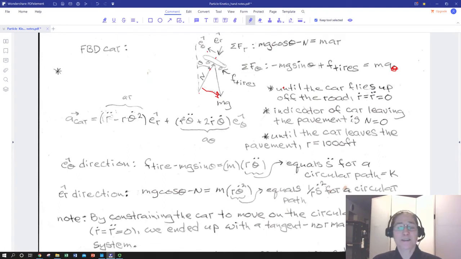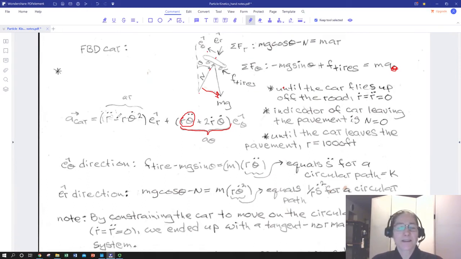This is the tangential acceleration, by the way, plus 2 r dot theta dot, all of that pointed in the theta direction. So this whole collection of terms is my a theta. These are what I equate to my force resultants.